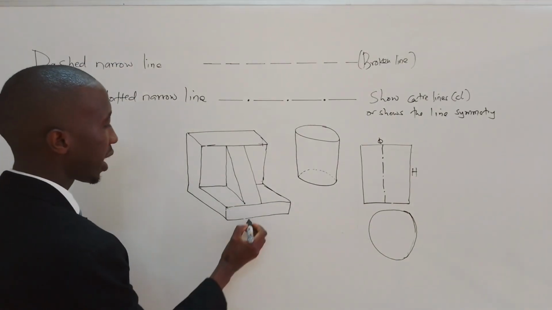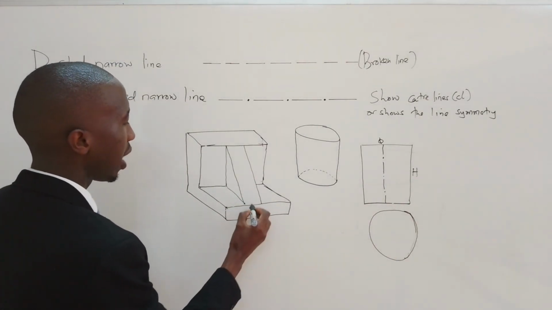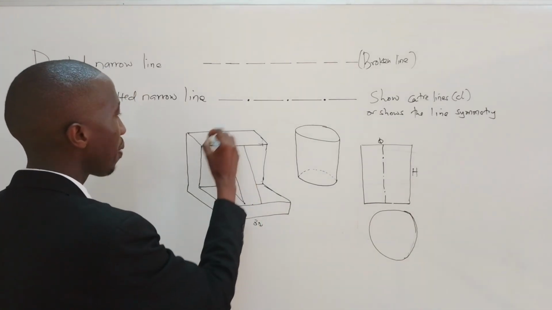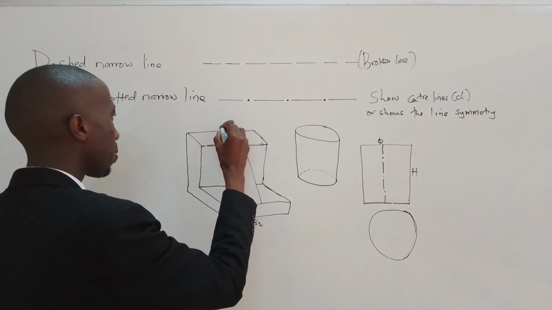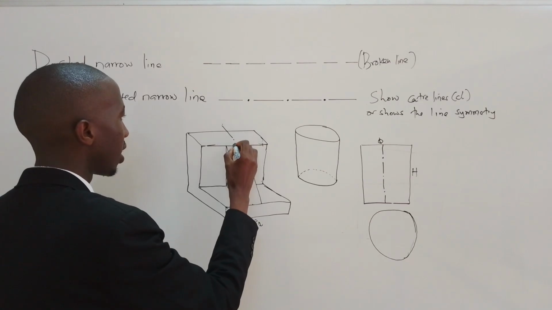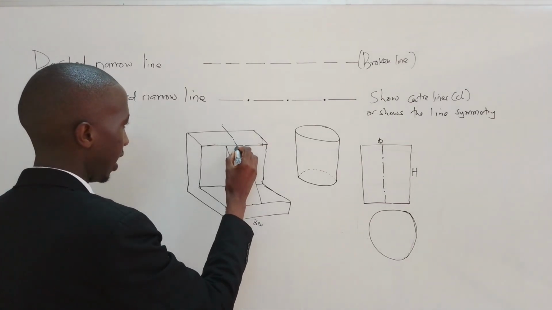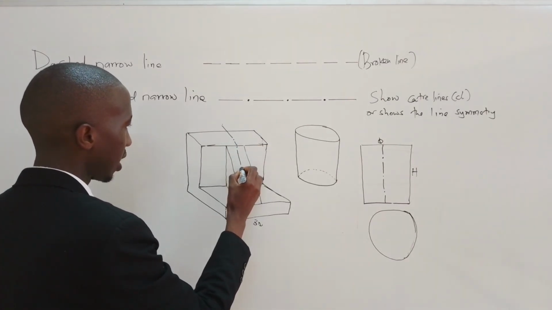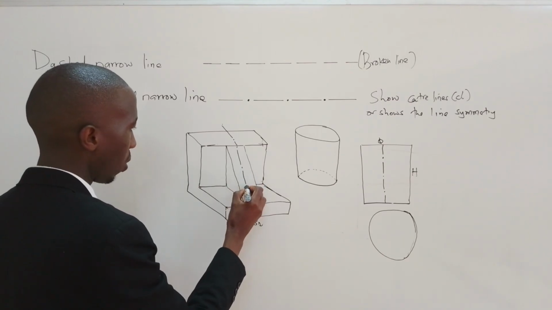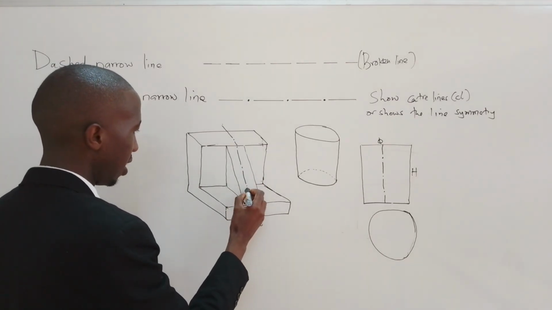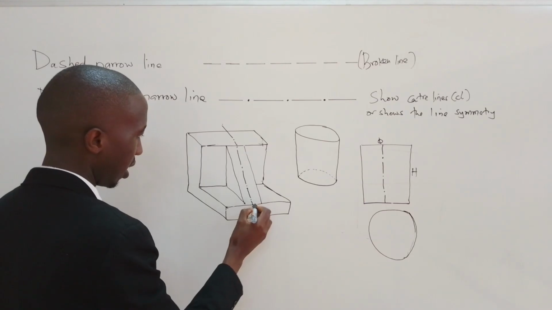If this drawing can be 80 here, and I know a half starts from here, I will represent this using a center line. So by then I have shown that this side and this side are symmetrical to each other.